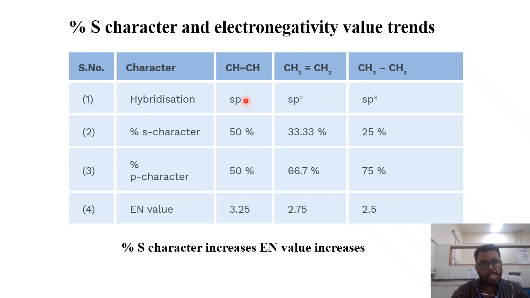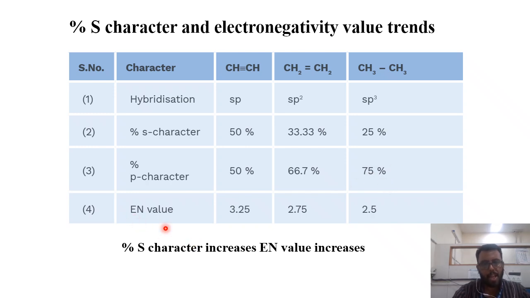So the hybridization will be sp for alkyne, sp2 for alkene, and sp3 for alkane. The percentage s character is 50-50 for sp, 33 for sp2, and 25 percent s and 75 percent p character for sp3. The p character is the other way: 50-50 in the case of sp, and since it is 33, the remaining will be p character.